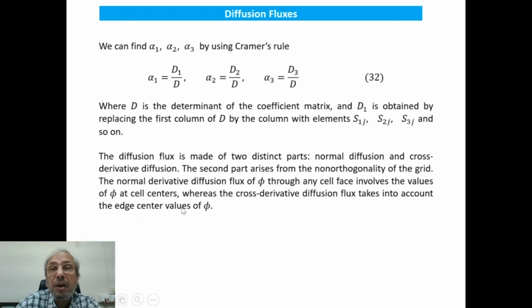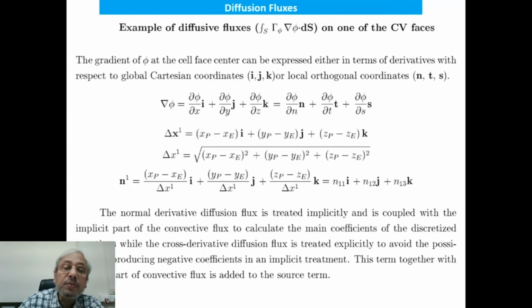If you recall, for every side we defined edges and also edge centers. Cell center, then cell faces, face center, and then every face has edges, edge center. These are the geometrical parameters we have to make use of.